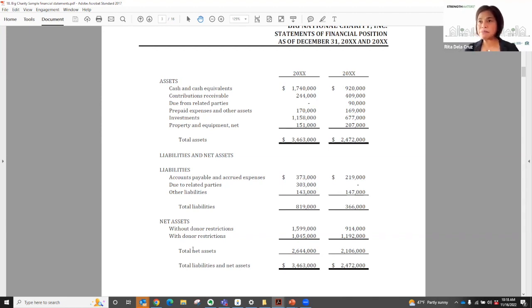I'm not sure if you remember, but a few years ago, this used to be three different types of net assets: unrestricted, temporarily restricted, and permanently restricted. There was an ASU that came out, and that ASU says it's now not three anymore, it's down to just two. So temporarily restricted and permanently restricted are included in this line, with donor restrictions.